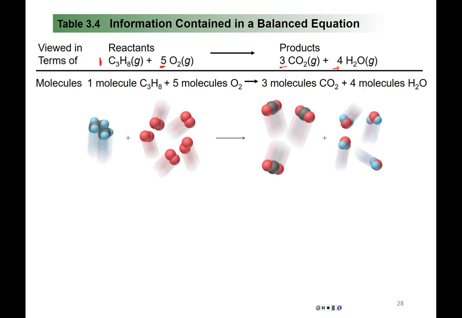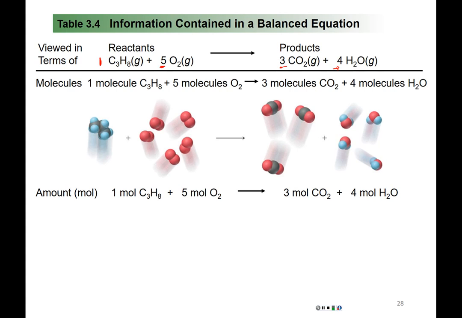So you can view these numbers in the balanced chemical equation as if they were molecules. You can also view them as if they were moles, right? And that stems from the fact that you can convert molecules into moles of something by dividing by Avogadro's number.